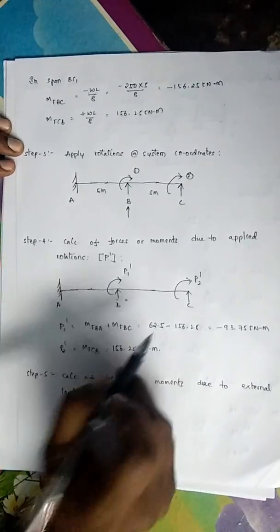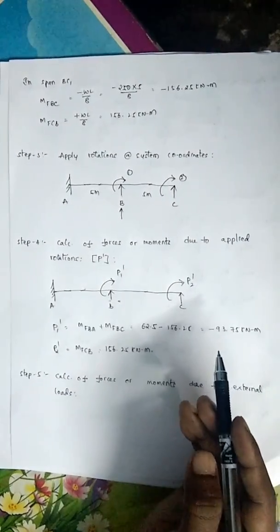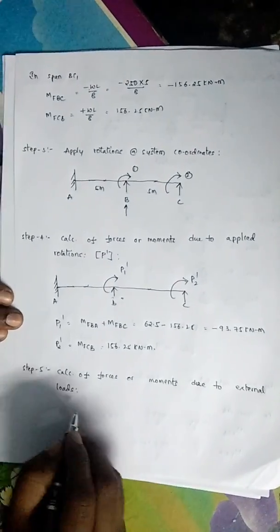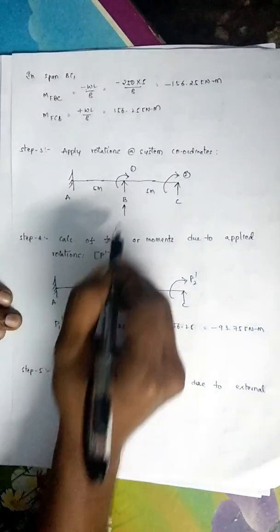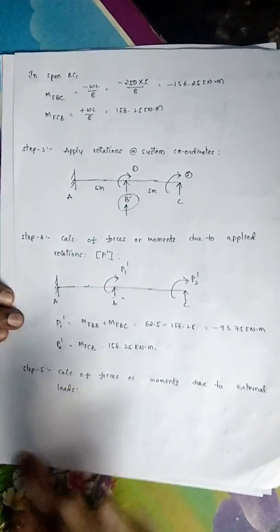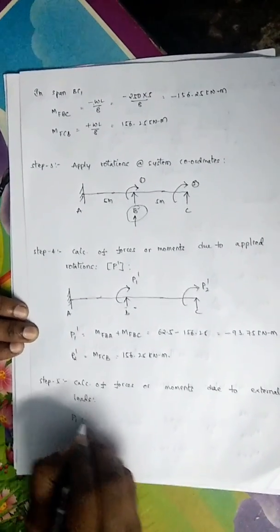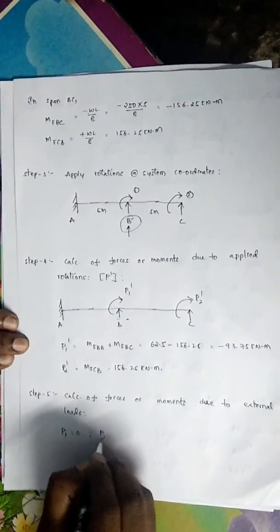Here we are neglecting forces due to external forces. So what are the external forces? External forces mean yielding of supports, and in this problem we are not considering yielding of supports. So P1 equals 0, P2 equals 0.